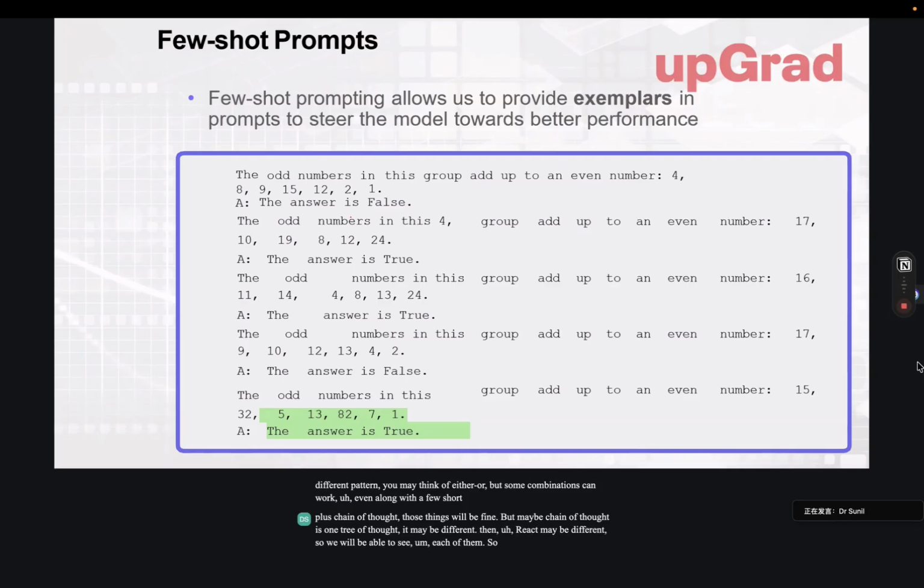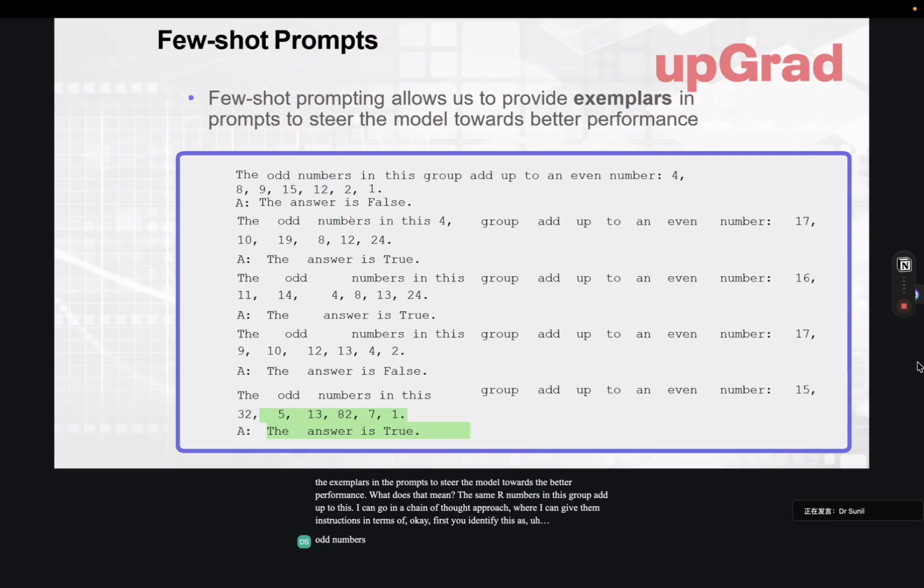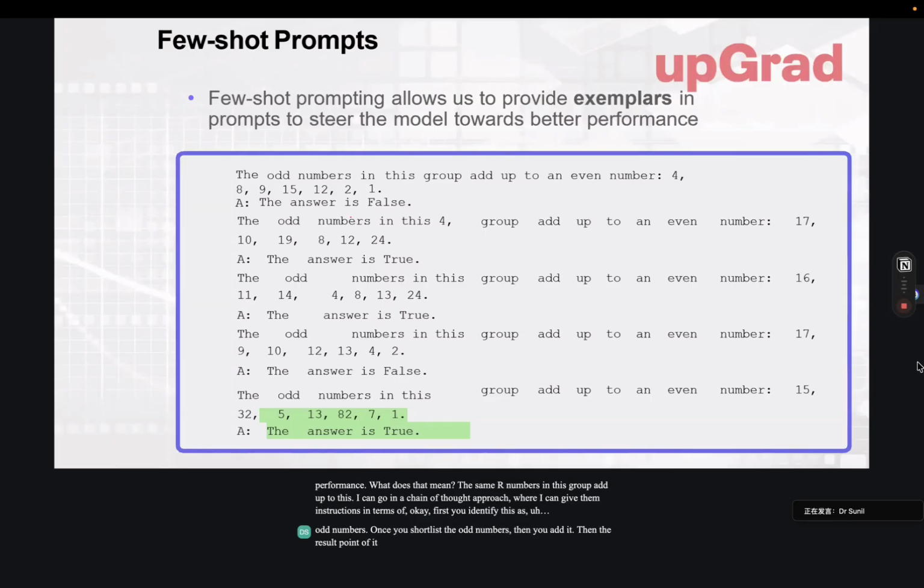Now, as a continuation to where we are, few-shot prompting allows us to provide examples in the prompts to steer the model towards better performance. What does that mean? The odd numbers in this group add up to this. I can go with a chain of thought approach where I give instructions: first you identify these as odd numbers, once you shortlist the odd numbers, then you add them, then you see whether the result is even or odd, right?